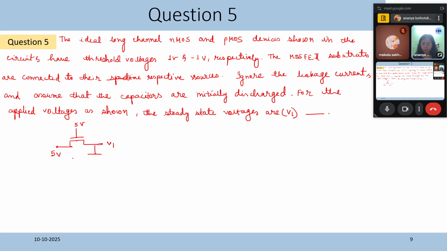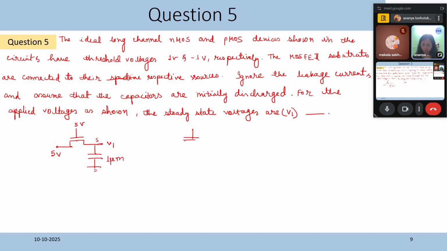Drain is connected to the higher voltage for NMOS, and there is a capacitor connected to this, which is 1 microfarad, and initially the capacitor is discharged. There is no charge across this capacitor. So this is my source terminal.